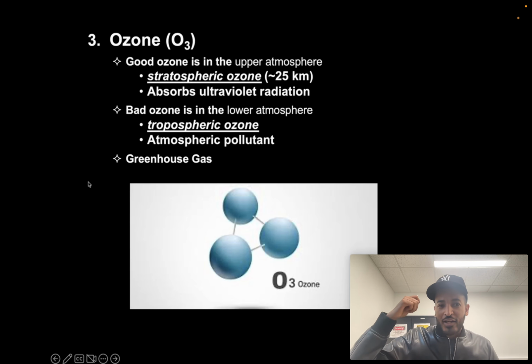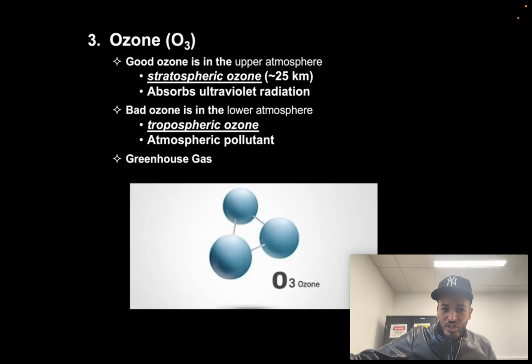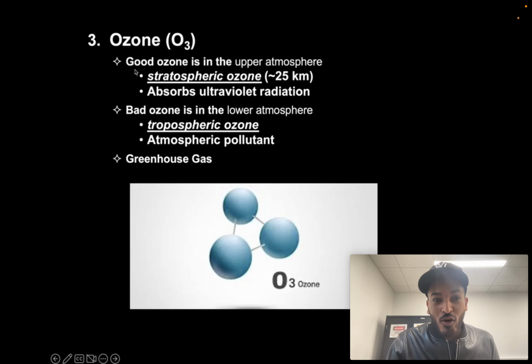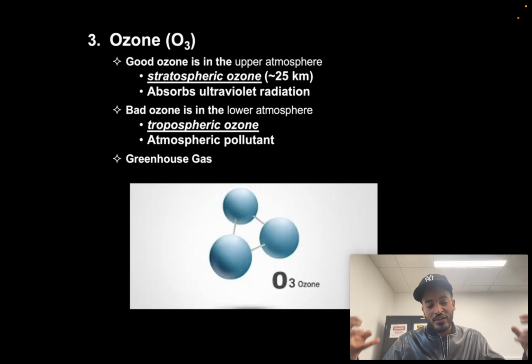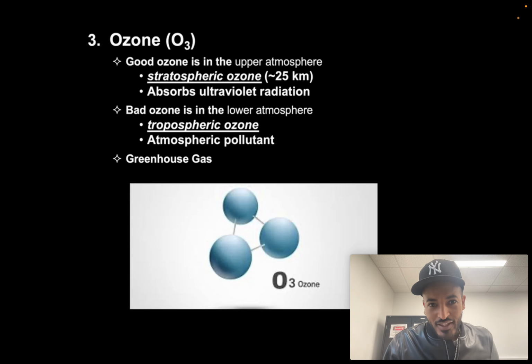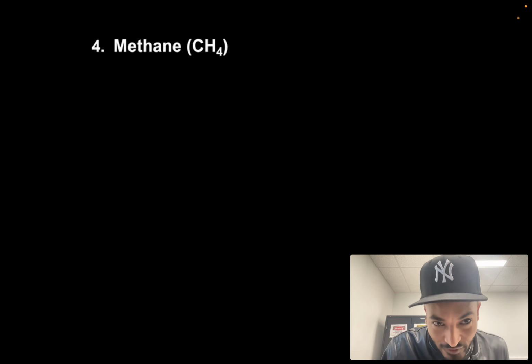When ozone forms in the troposphere, it is actually a harmful pollutant, and can trigger different health problems. But what you need to know is ozone is also a very efficient greenhouse gas, particularly at trapping radiation, right?